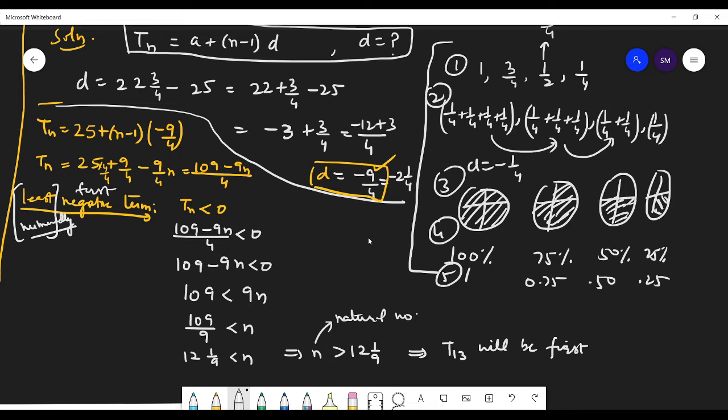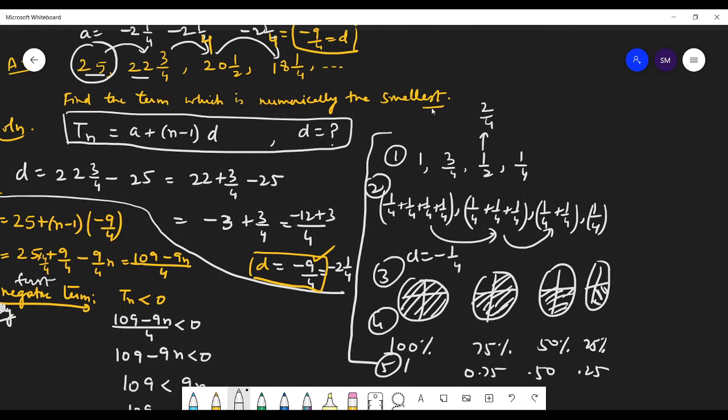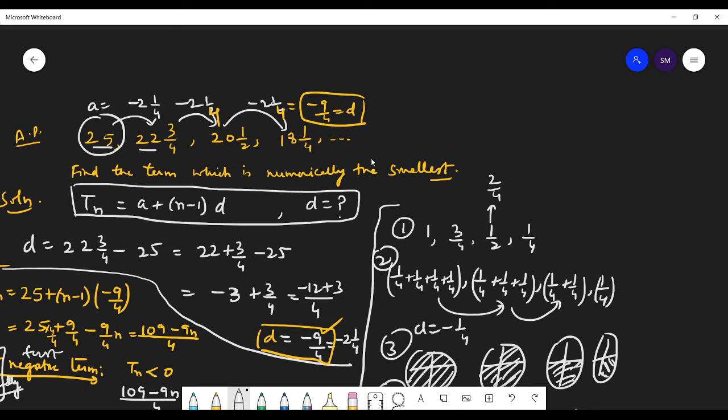Yes, students. Try to solve the answer. Have you got the answer? So T13 will be the first negative term. If T13 is the first negative term, then what will be the first positive term? See, if you look at these terms, this is a strictly decreasing AP.